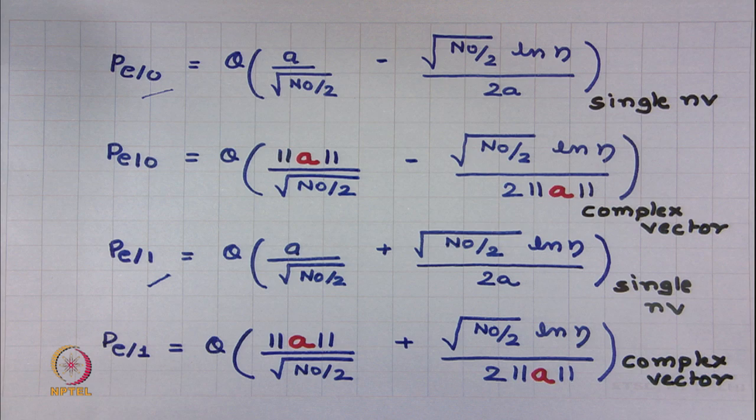particularly complex vector detection. In case of complex vector detection, what changes is that now you have the noise random variable, which is a proper complex Gaussian random variable. That means it is composed of two real Gaussian random variables which are independent and identically distributed.